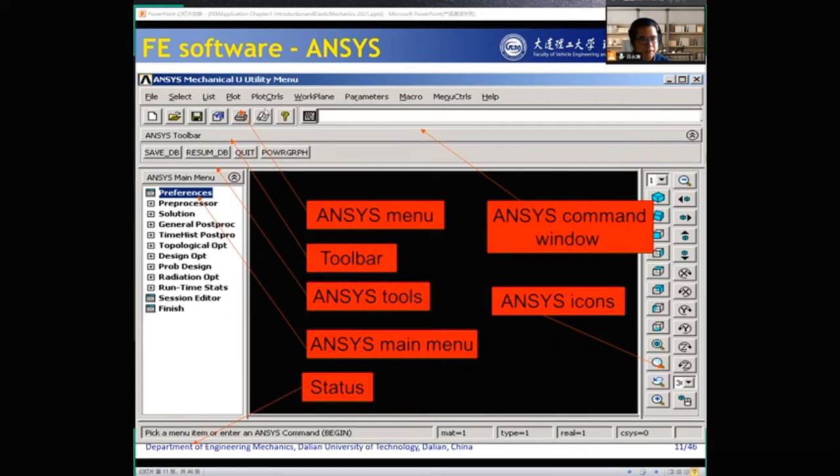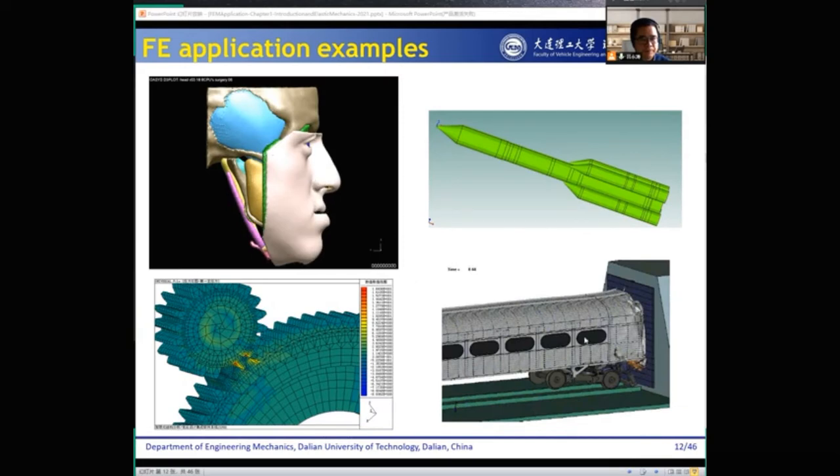We have the main menus: the preprocessor, solution, and post-processing, and here is the status, and those are for review. And here there are some FE application examples.